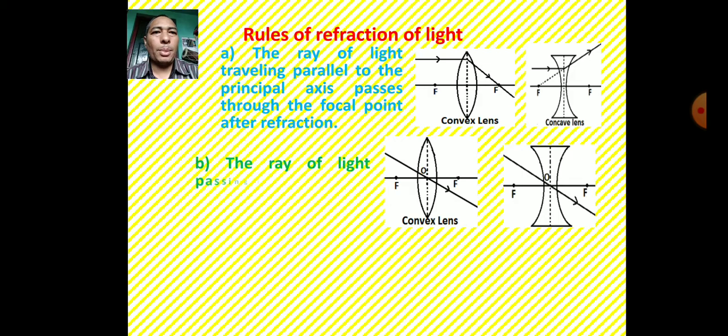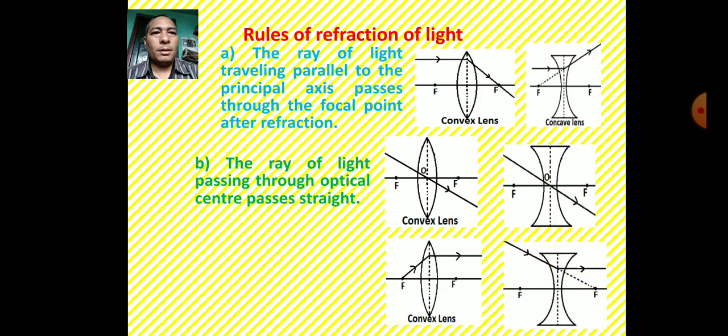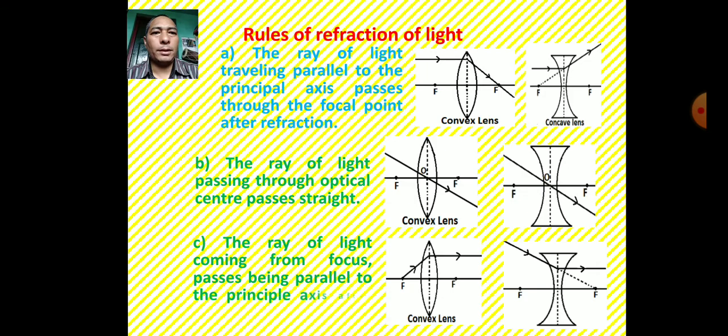B. The ray of light passing through optical center passes straight. C. The ray of light coming from focus passes parallel to the principal axis after refraction.